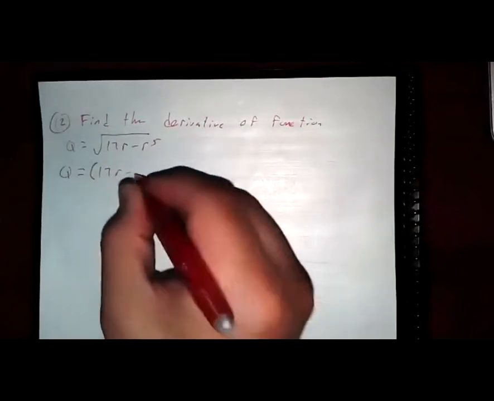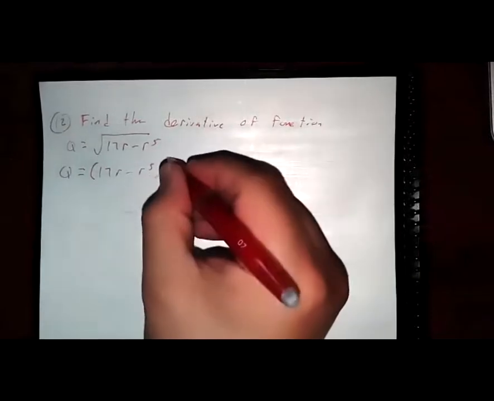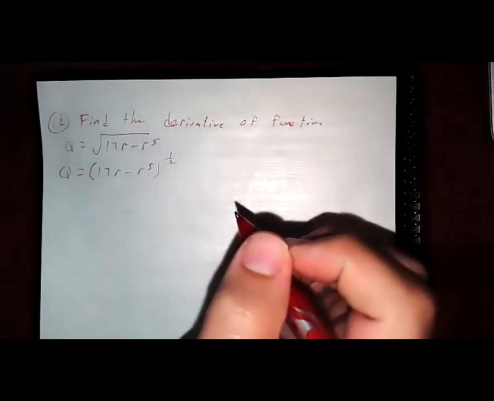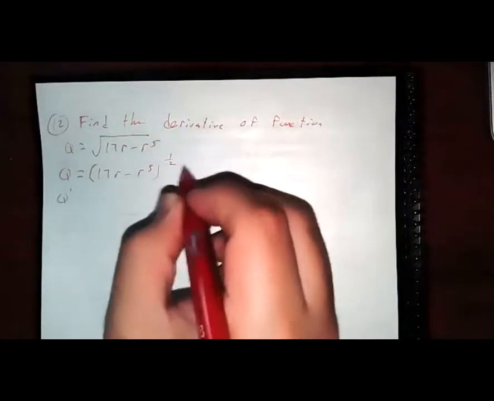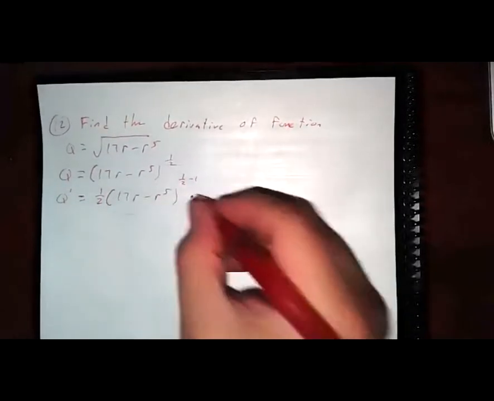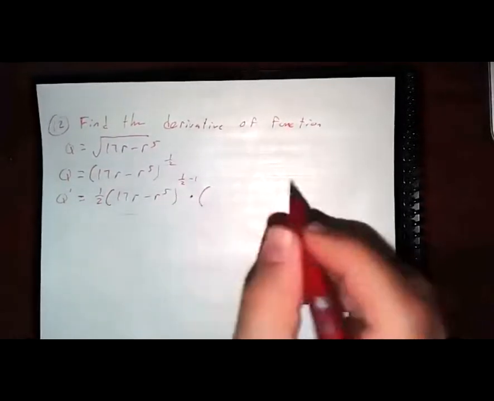That's the same as saying 17r minus r to the fifth, to the 1/2, right? So do it that way because this is my outer function, and my inner one is this r stuff. So do the power rule. You bring down the 1/2, leave everything the same, subtract 1, and then multiply by the derivative of the inside.